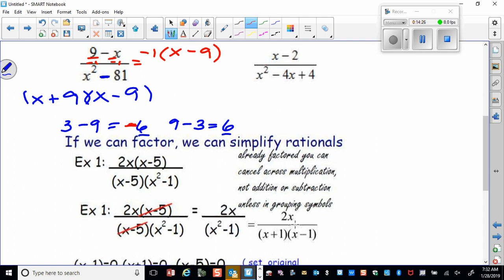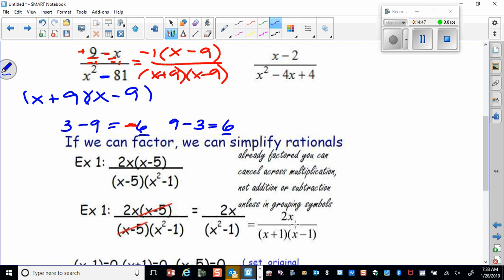When I divide out that negative 1, I change the signs. So this was negative x, and now it's positive. And this was positive 9, and now it's negative. All right? And then my denominator is over here. I've got the x plus 9 times x minus 9.